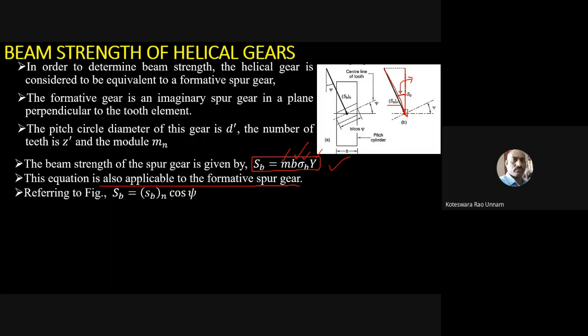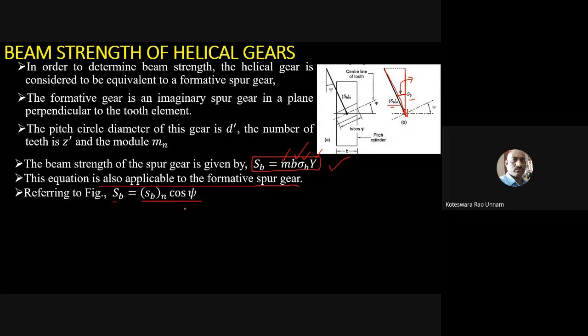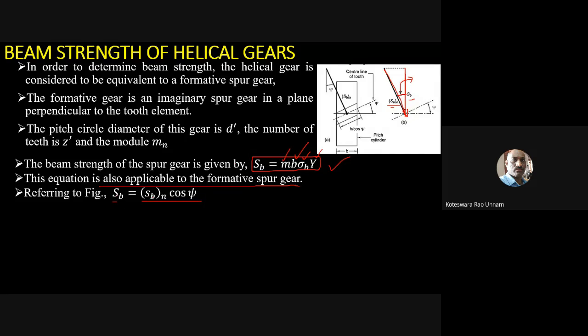But if I want to write an expression for beam strength, I can find a relation between SB and SBN: SB is nothing but SBN into cos psi. That is one relation you need to substitute. That means in place of SB, you substitute SBN cos psi. Or if I want to use SB itself, I can modify that accordingly.